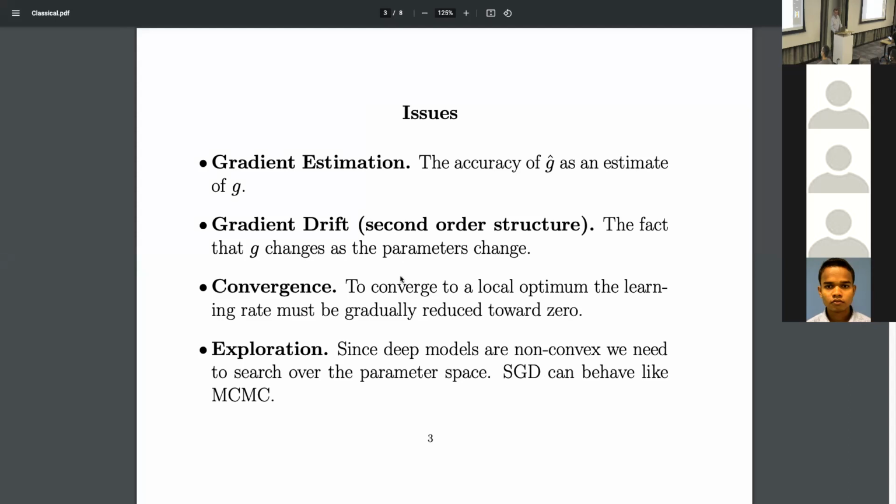Okay, so that's convergence. Another issue is exploration. I'm going to argue that we want to think of stochastic gradient descent as being very similar to MCMC, Monte Carlo Markov chain simulation.